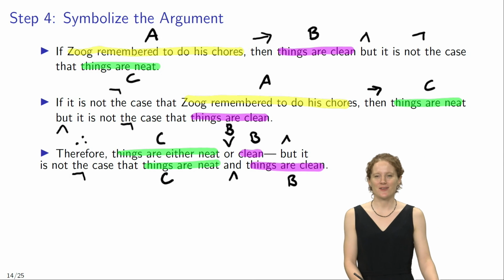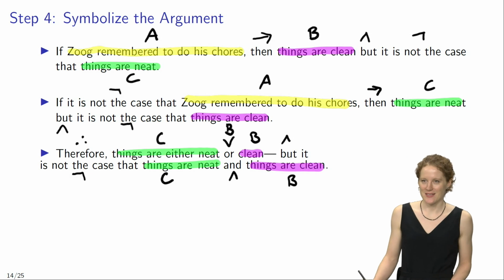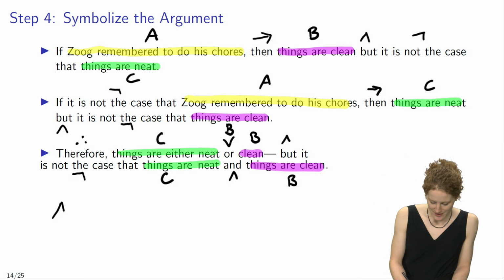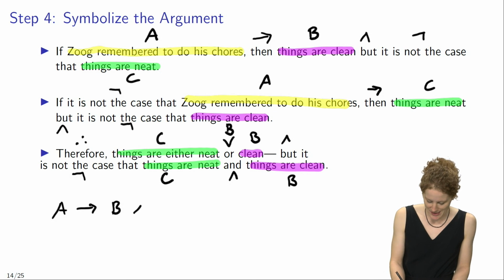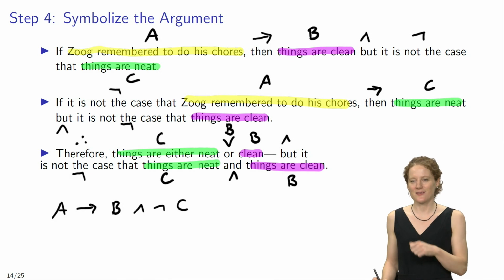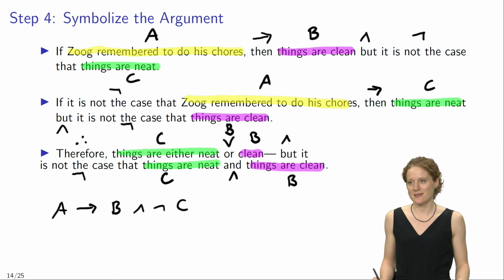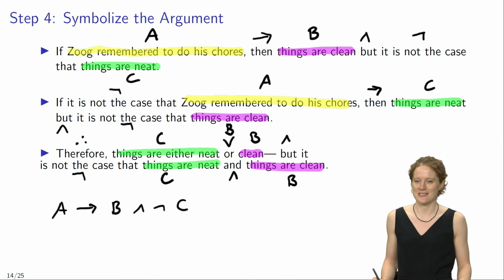Okay, let's put it all together and symbolize our argument. The first premise goes like this. If A, then B, and not C. Now you may notice that this string of symbols is actually not a TFL sentence. We need to add some brackets in order to turn this into a TFL sentence.